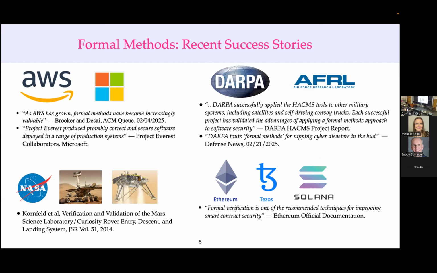NASA has been adopting formal methods for quite some time. Here I cite work of them using formal methods to verify their rover and a lander for Mars. And the newest kids on the block are blockchain applications that support smart contracts.